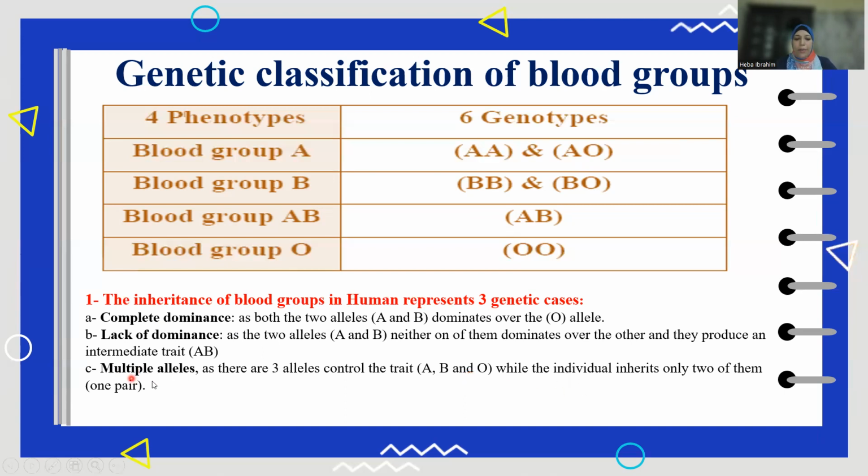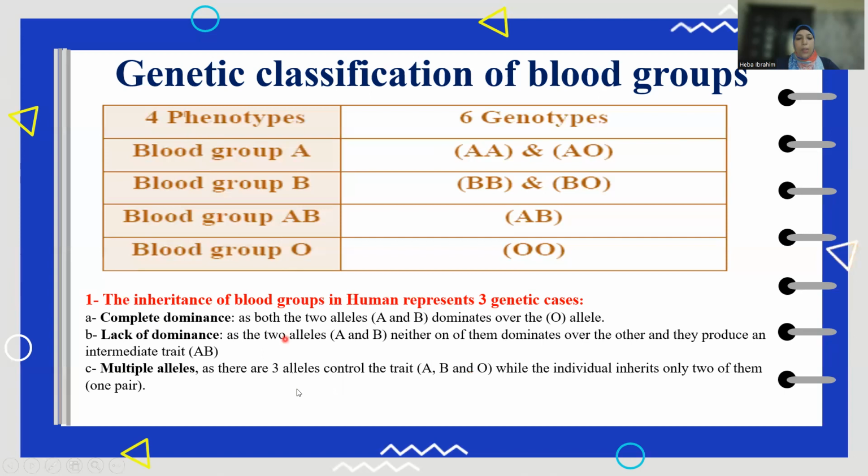So we have 3 alleles controlling the inheritance of blood groups, but each individual will inherit only 2.